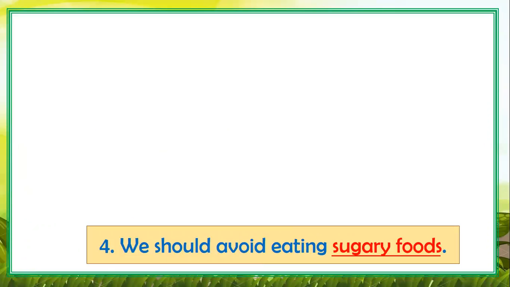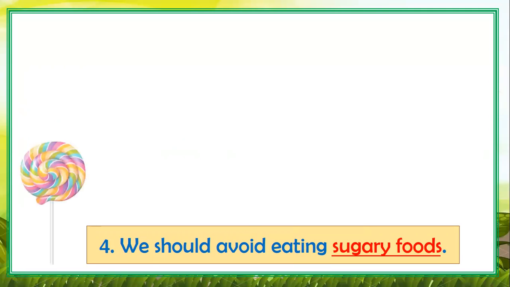Then number 4, we should avoid eating sugary foods. What do you mean by sugary foods? All right, these are sweets or sweet foods. What are the examples of sugary foods?